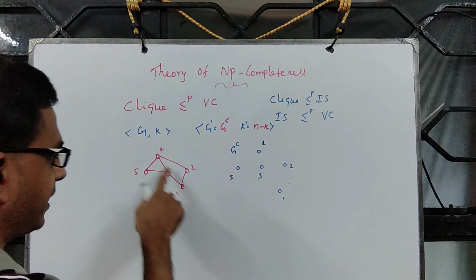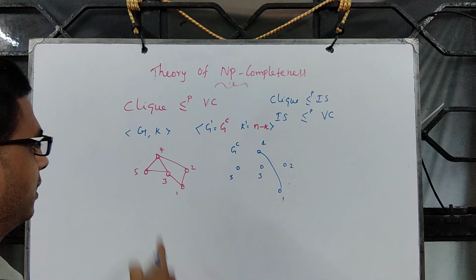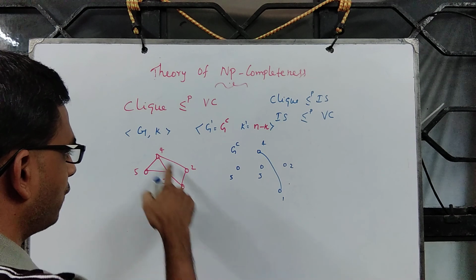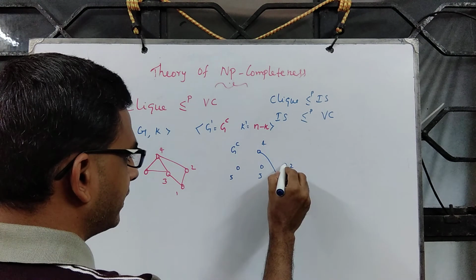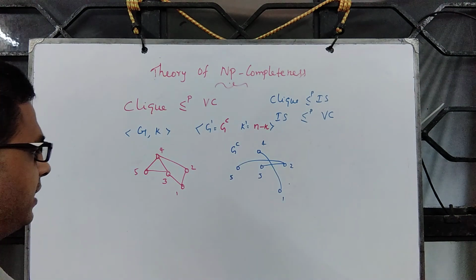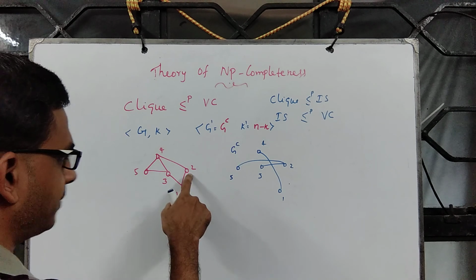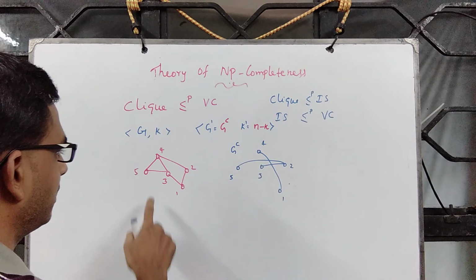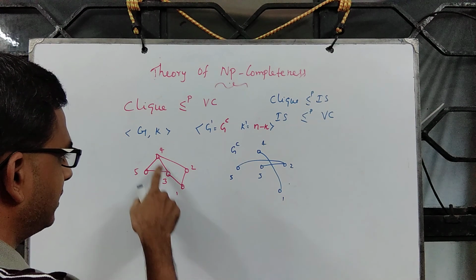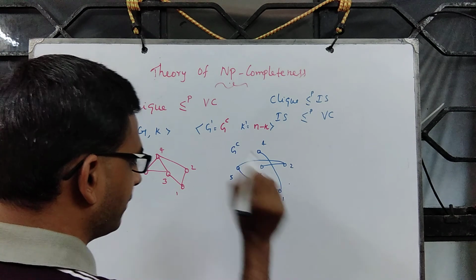Edges that are absent will be present here. 4, 1, there is an edge, and 4 is adjacent to these 3. 2 is adjacent to 4 and 1. It is not adjacent to 3 and 5, so those edges will be present. And 3 is adjacent to everything except 2, so this edge is present. And 5 is adjacent to this and this, it's not adjacent to 1 and 2, so 5, 2 and 5, 1 will be present.